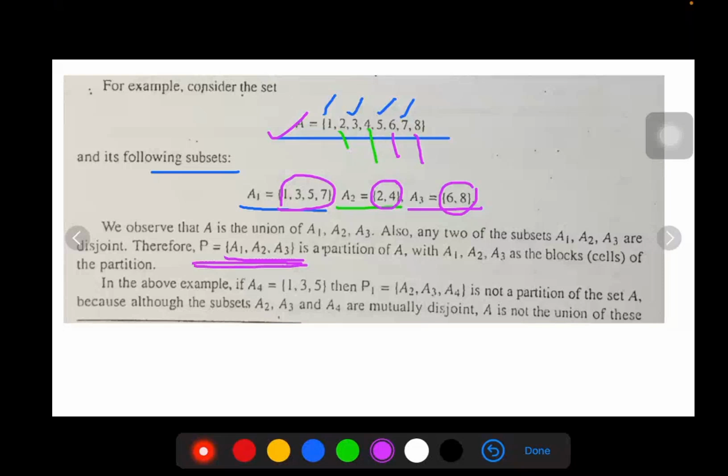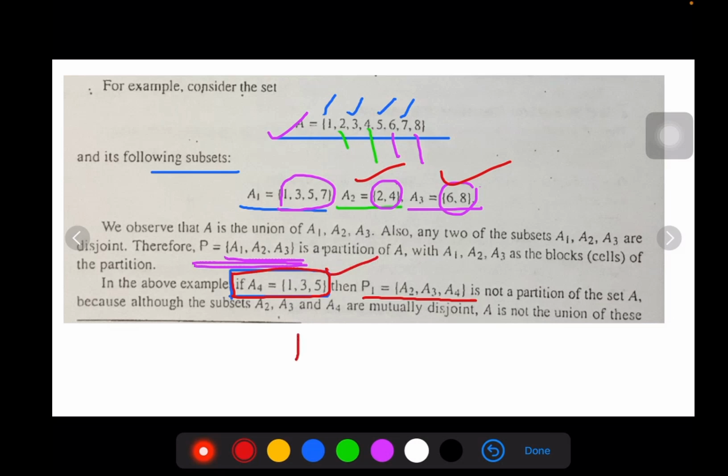And if I take one more, which is A4 of the kind 1, 3, 5. So if I make P1 as A2, A3, A4, look at this, A2 I have taken this, A3 I have taken this, and A4 I have taken this. So from all these three, will I be able to get A if I do the union?